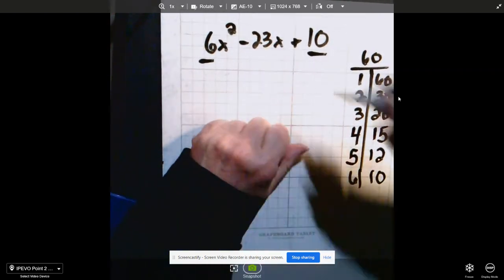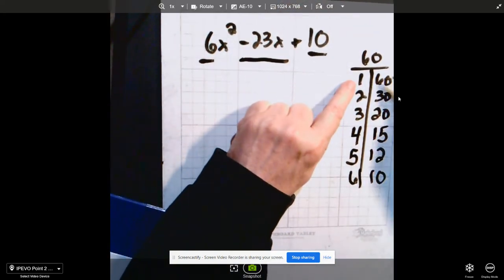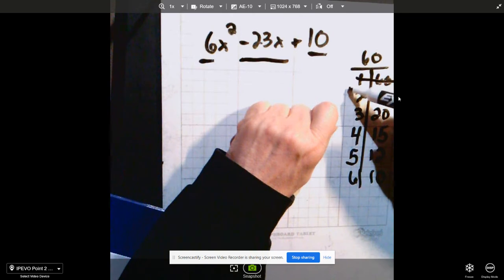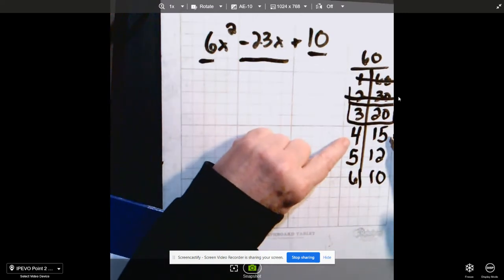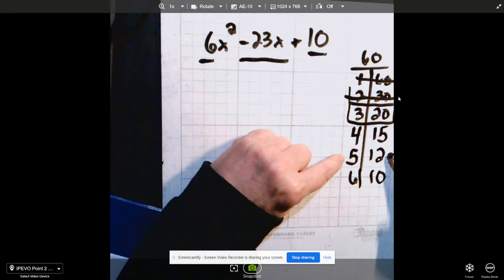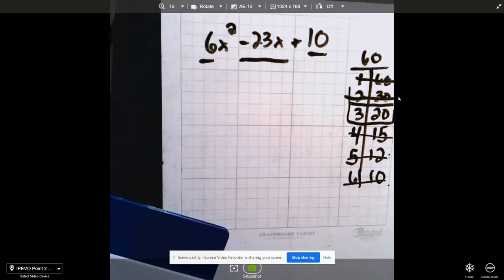And we're going to see which one of these will possibly get us to a negative 23. Well, that doesn't look like it, and 2 and 30, nope, that wouldn't do it either. 3 and 20, that would do it. 4 and 15 could get me to 19, but 17, nope. So none of these others work, and 3 and 20 looks like my best bet.